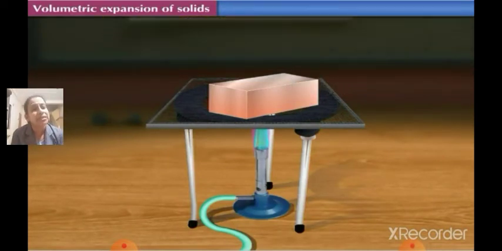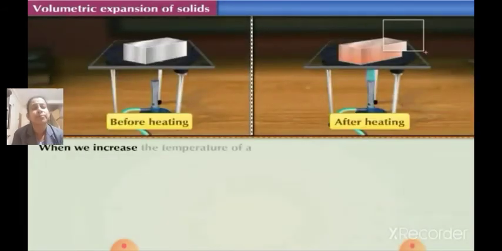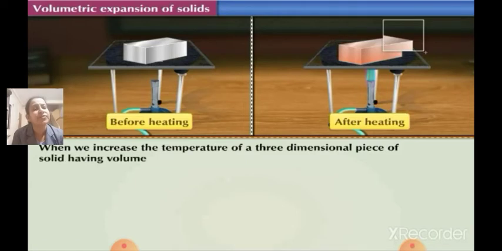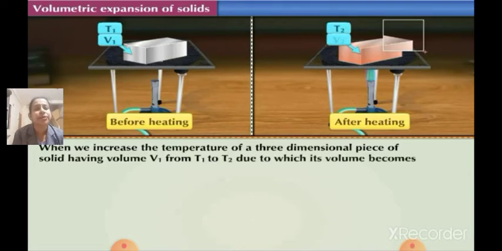So let's suppose that the initial, original volume is V1. When we increase the temperature of a three-dimensional piece of a solid having volume V1 from T1 to T2, its volume becomes V2.